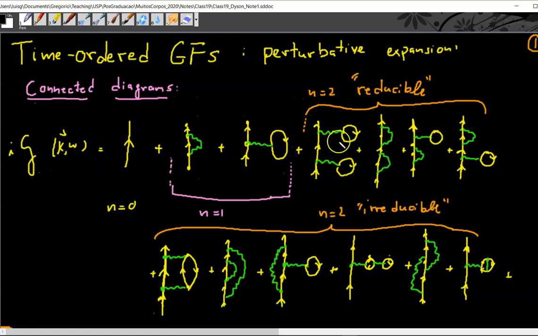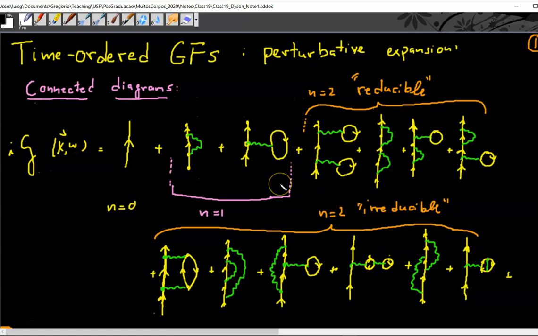Now, in these diagrams for n equals 2, you notice that there are two types of them. These four here are essentially two diagrams of the previous order, in this case two diagrams of the first order, connected to each other by a free propagating line.